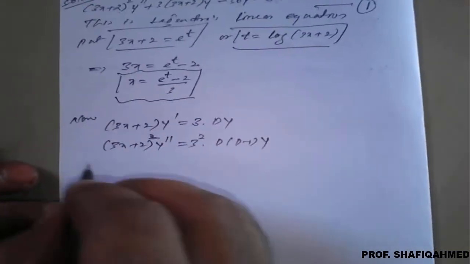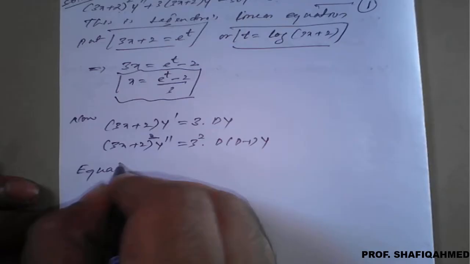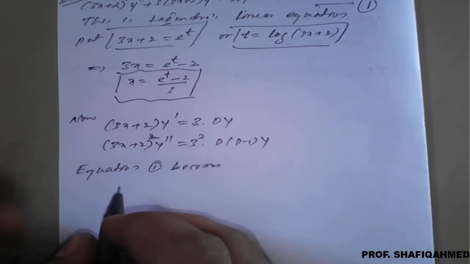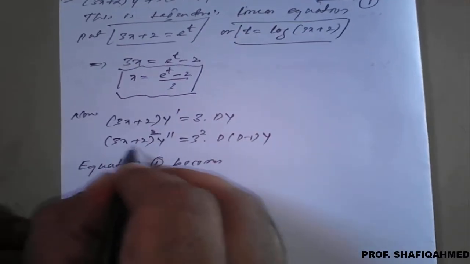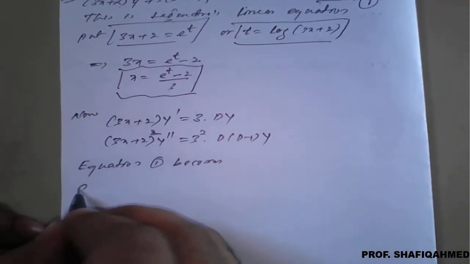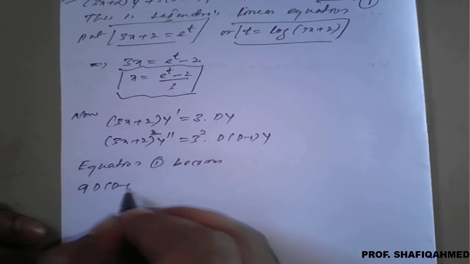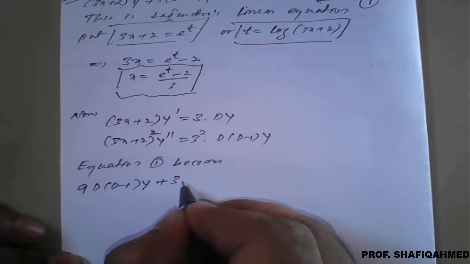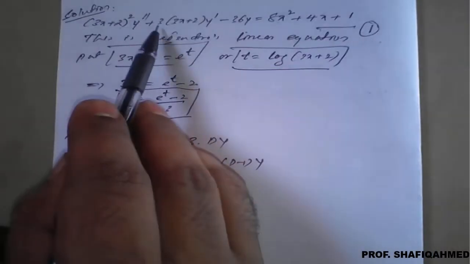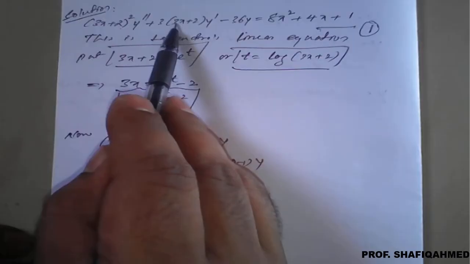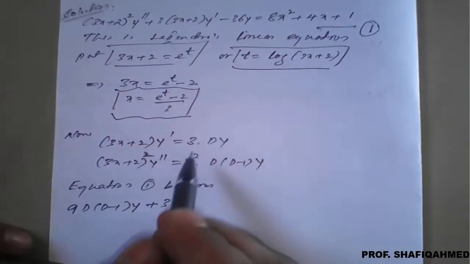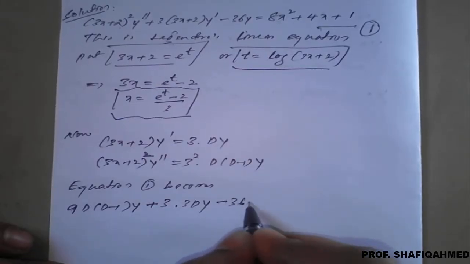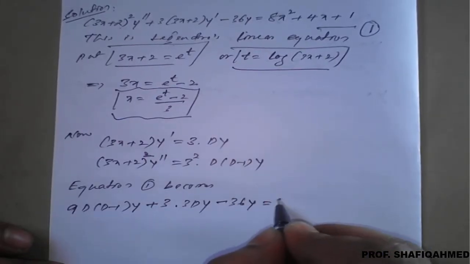So equation 1 becomes, substitute this. 3² will be 9. So 9D(D−1)y plus 3 times, this 3 is from the question, and we need to replace (3x+2)y' as 3Dy, minus 36y, is equal to 8 times.